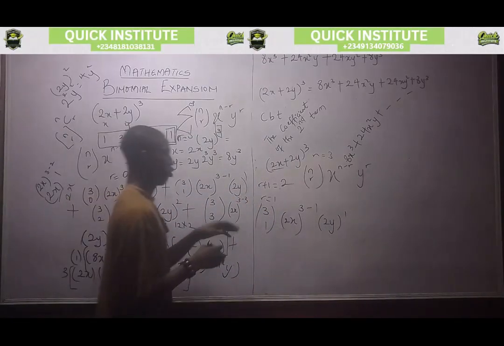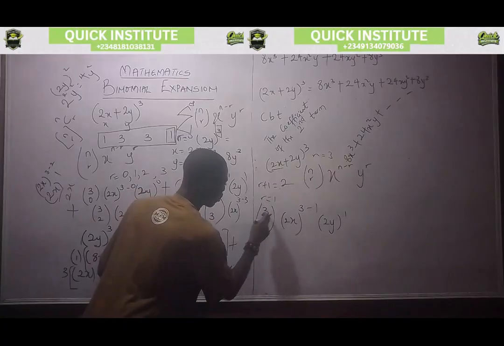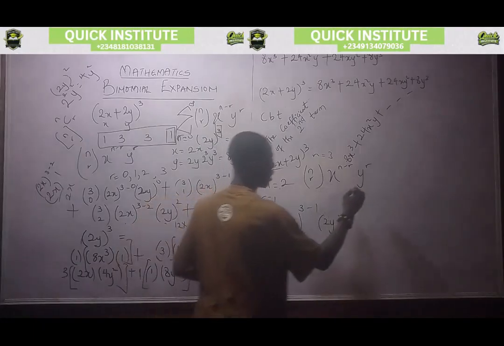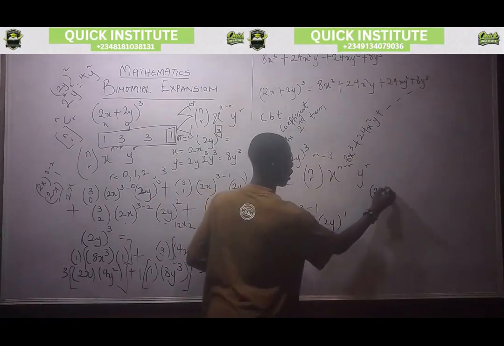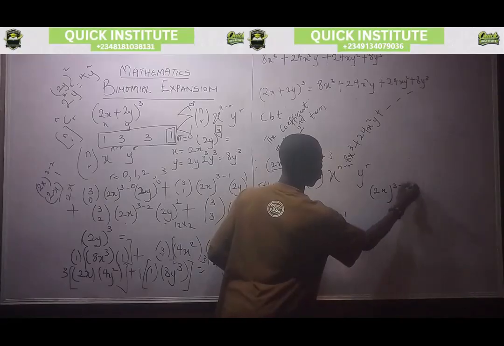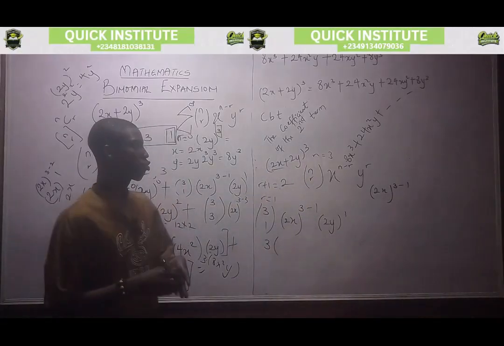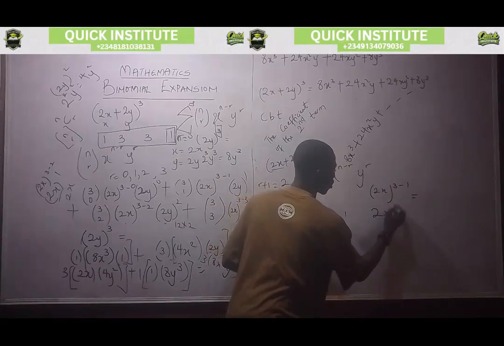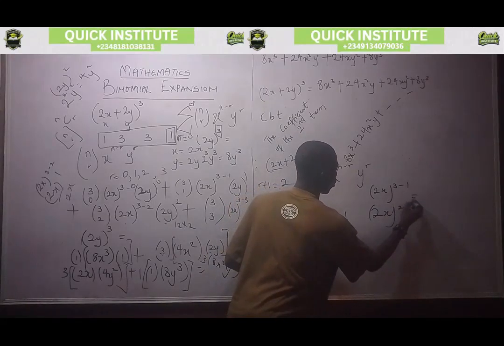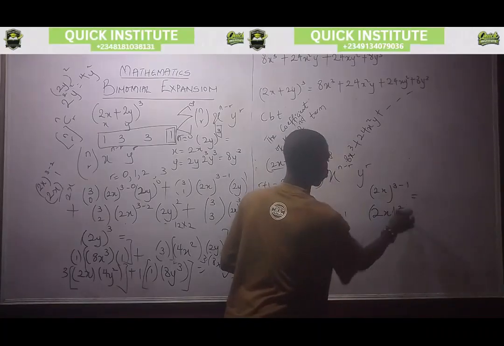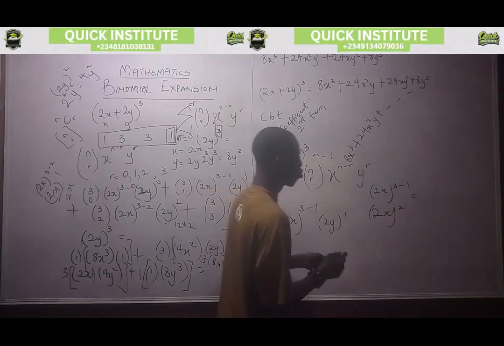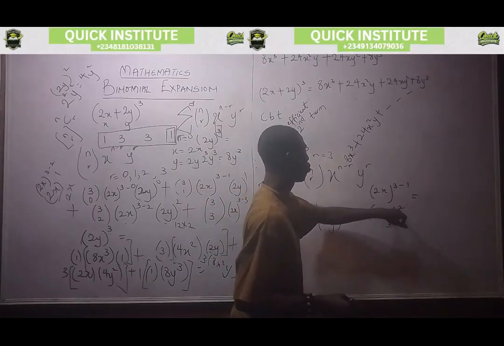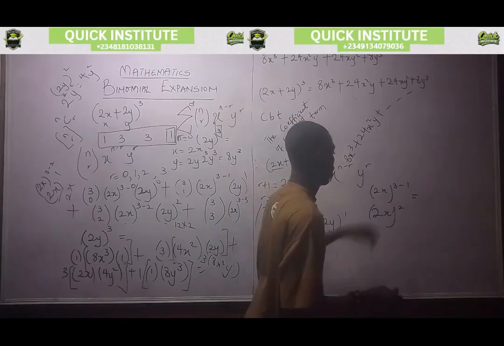From now, you can solve 3 combination 1, which is 3. Multiply by 2x to the power 3 minus 1. 3 minus 1 is 2. Now this 2, this power, is distributed to everything in the bracket.